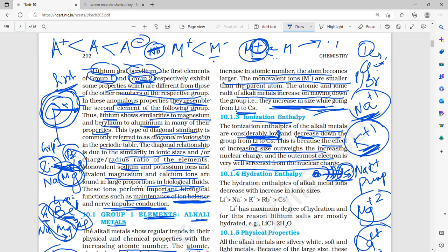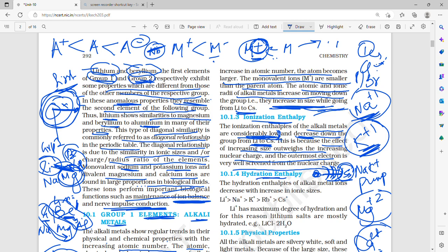As we go down the group, as the shells increase and the atomic radius gets higher, the nuclear charge gets screened by the shells coming in the middle, and the outermost electron or the valence electron, which is in the s orbital, can readily get loose without giving much energy, in fact giving lesser energy than its previous group member on top. So from lithium to cesium, the ionization enthalpy decreases.